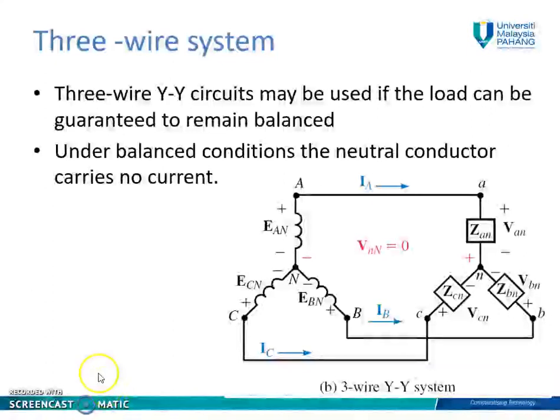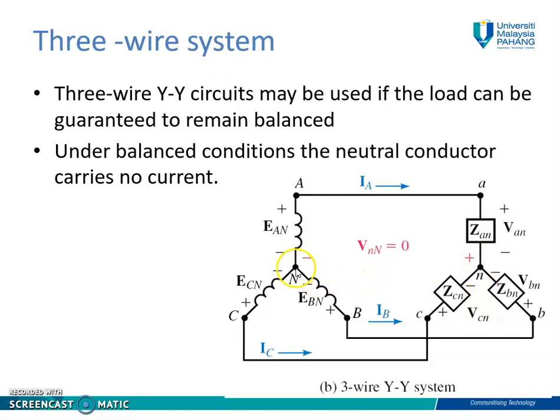Okay, next we move to the 3-wire system. This is the circuit diagram for the 3-wire Y-to-Y system. It is called a Y-to-Y system because it has Y-connected loads connected with the Y-connected source. Notice that we only have 3 wires which are A, B and C. So that's why it is called the 3-wire Y-to-Y system.